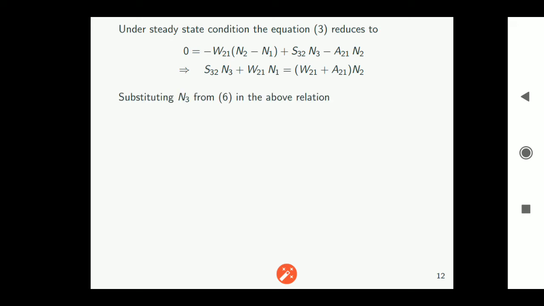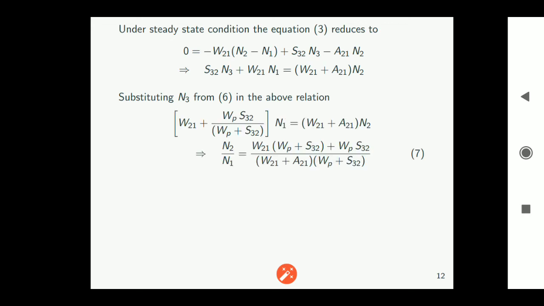Before doing that we will substitute the value of N3 from equation 6, which was derived in the previous slide, in the above equation, and N3 is actually Wp divided by Wp plus S32 times N1. So if you take N1 common after substituting, you get the left hand side to be equal to W21 plus Wp times S32 divided by Wp plus S32, and the right hand side is written as it is.